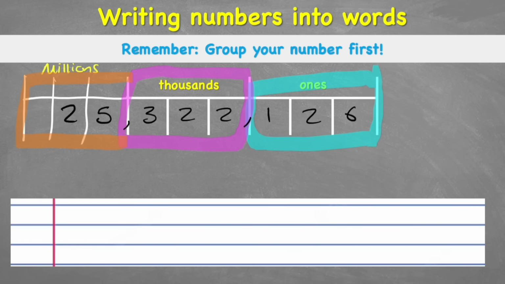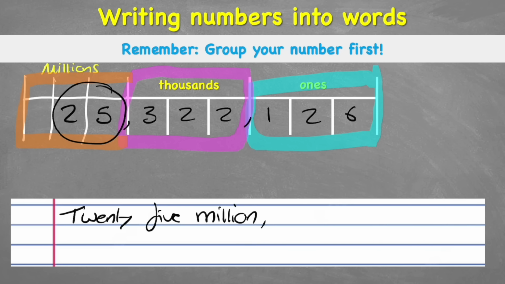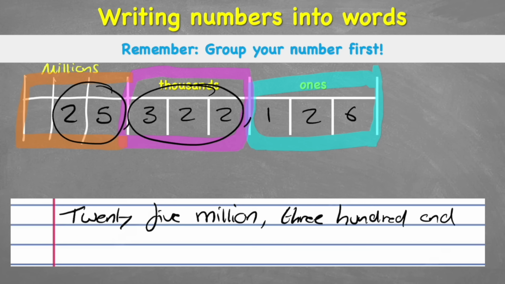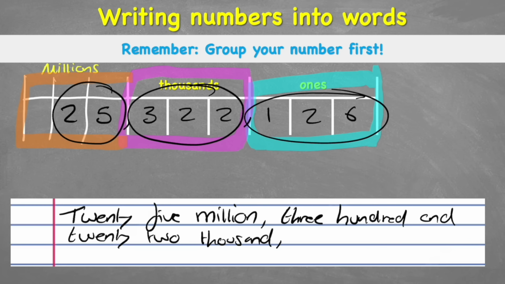Okay, well, let's write what we see. Starting with our millions, how many millions do I have? I have 25, so 25 million. How many thousands do I have? I have 322, so I have 322,000, another comma, and then what do I have in the ones? 126.